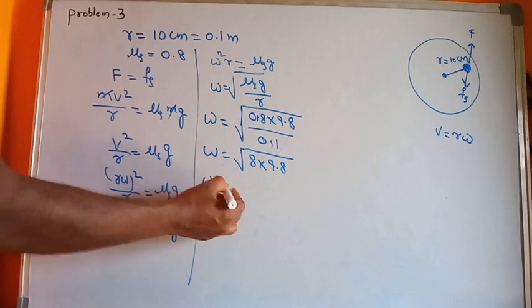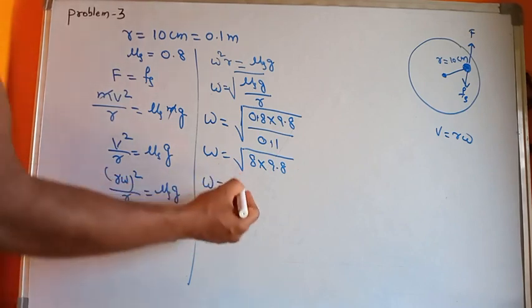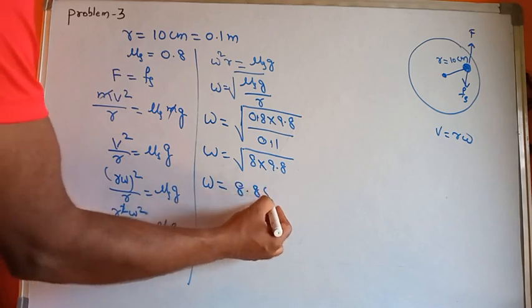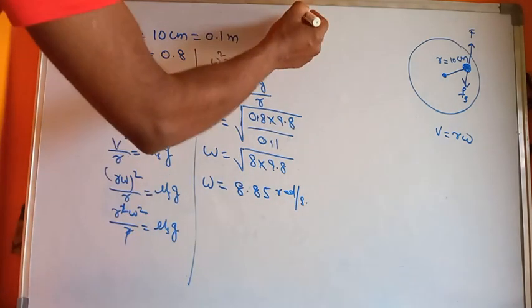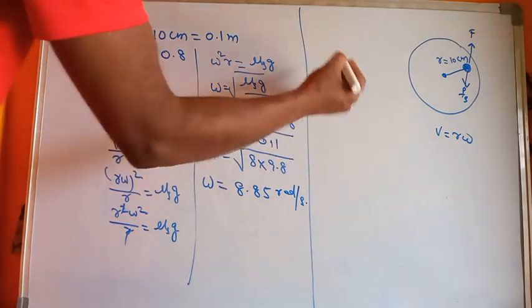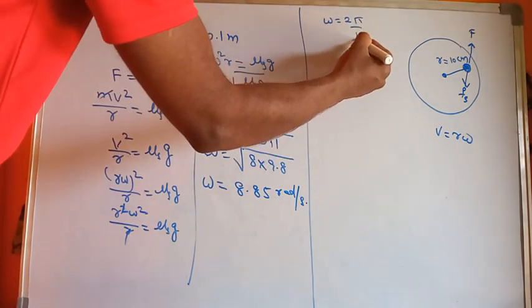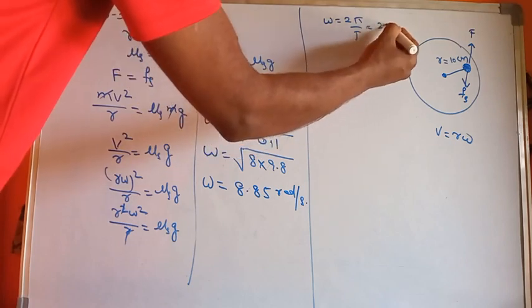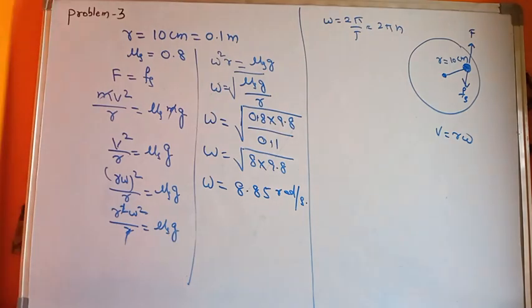After solving this, we got 8.85 radians per second. This is the angular velocity or angular frequency, but omega is also equal to 2 pi by capital T, and that is equal to 2 pi into n, where n is equal to 1 by T, that is the frequency.